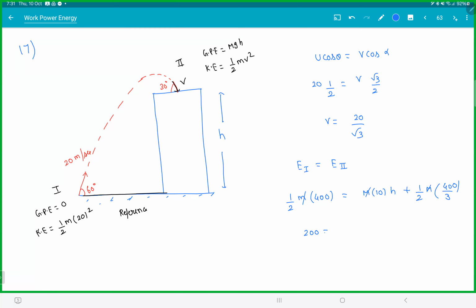This is 200, this is 10h, this is 200 by 3. 10 cancels everywhere. h is 20 minus 20 by 3, which is 40 by 3. Check. Easy. The thing is that you should know that u cos theta is v cos alpha.